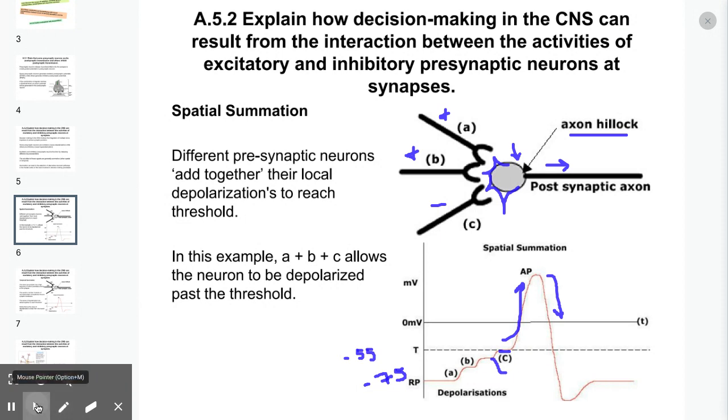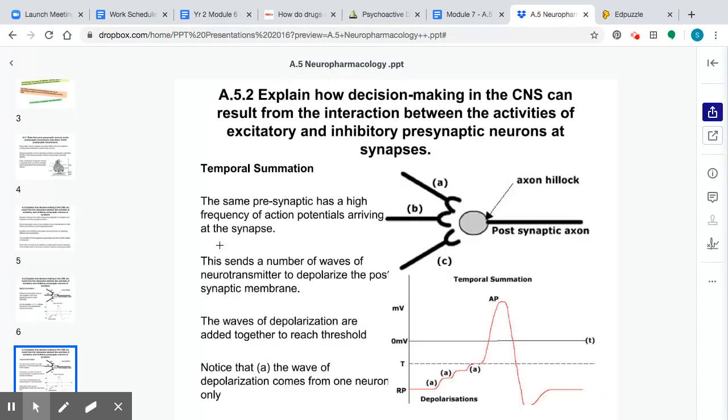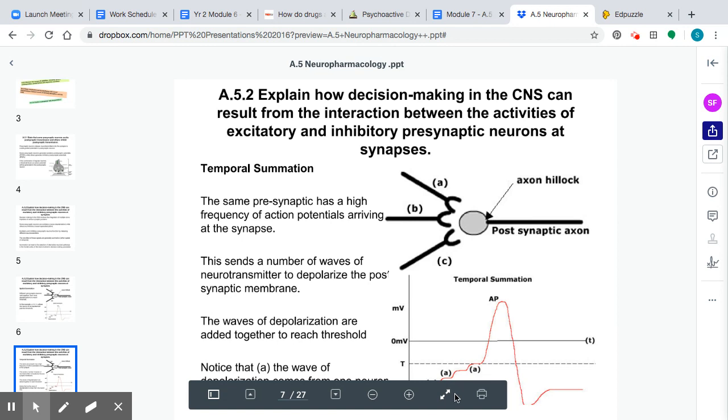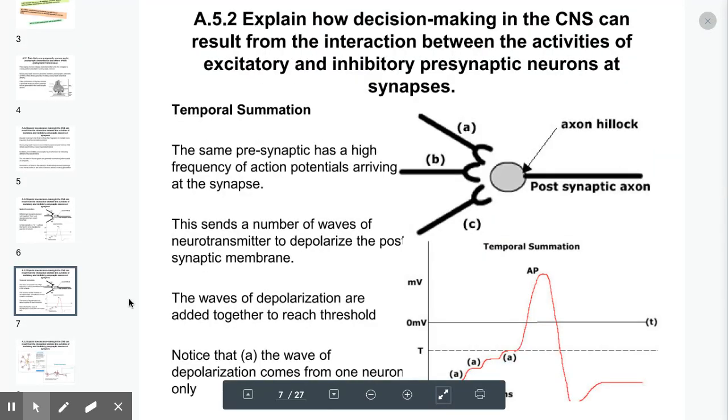The next type is called temporal. When we talk about this word temporal, it has to do with time. Usually, not always, but usually we're talking about the same presynaptic neuron.